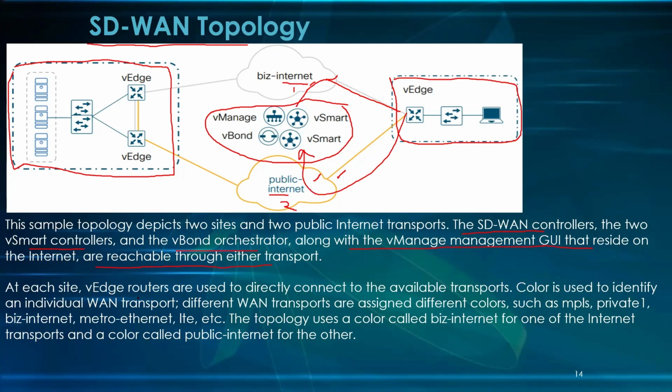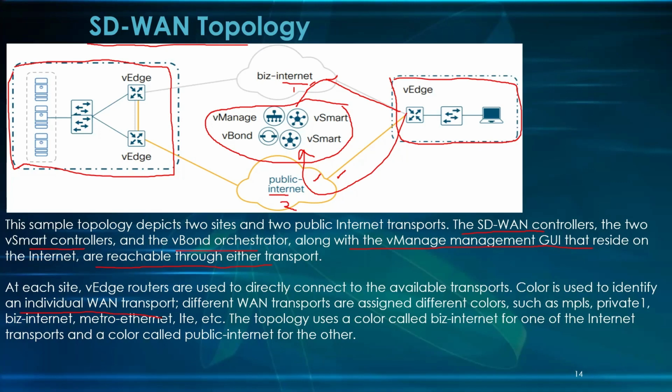Now at each site, the edge routers directly connect to the available transports, right? The color is used to identify an individual WAN transport. So it just identifies the uniqueness of the transport. Nothing else. You can use any color.